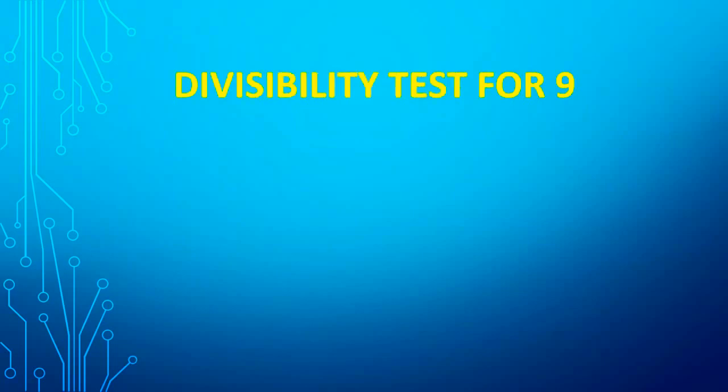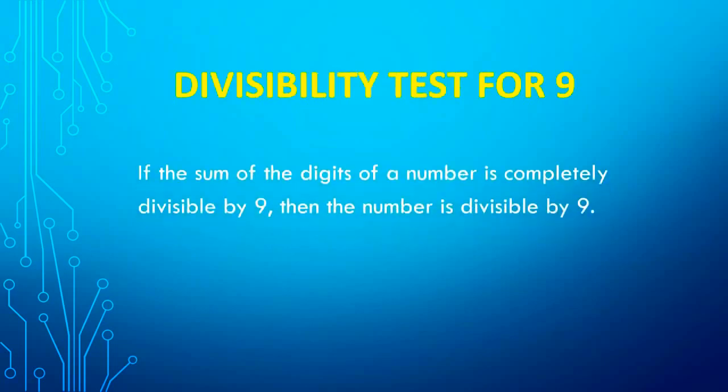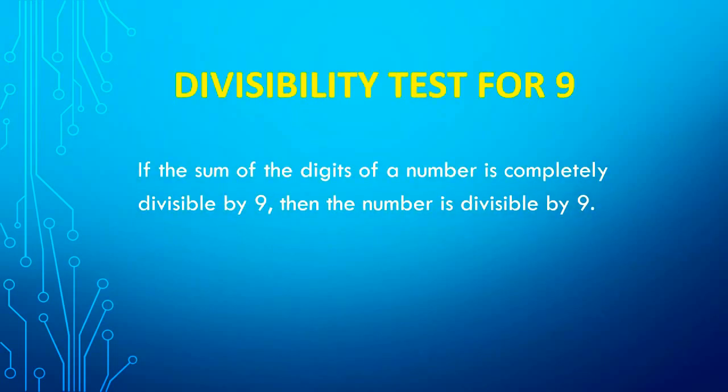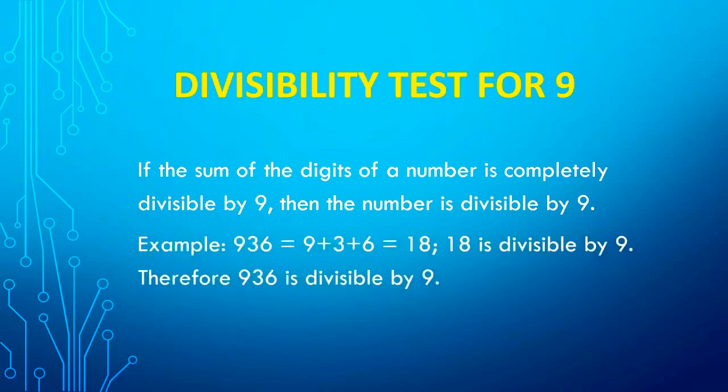Divisibility test for 9. If the sum of the digits of a number is completely divisible by 9, then the number is divisible by 9. For example, 936. Now, my dear children, we have done the divisibility test for 3.